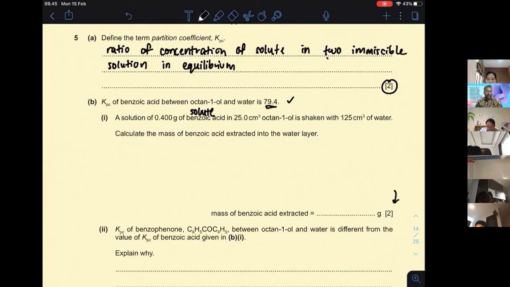Now for this question, you do not need to change it into number of moles. You can actually directly use the concentration in form of gram per cm cube or gram per dm cube. Why? Because in the end, it's still going to be concentration.